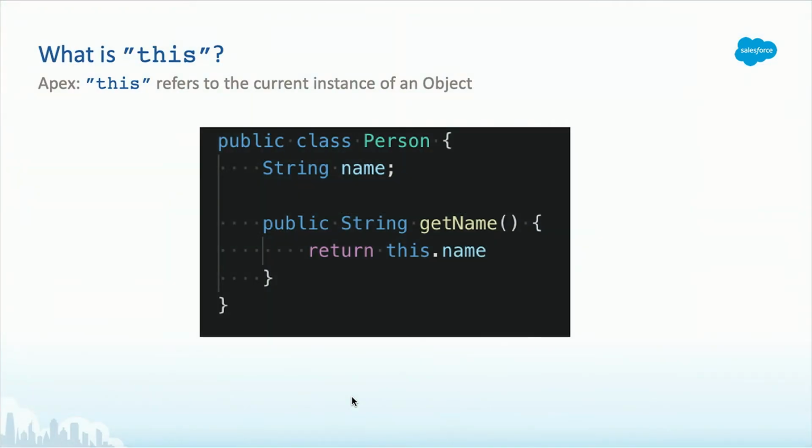The this keyword in Apex is nice and straightforward. It refers to the current instance of the object. If you use the this keyword in a similar fashion in JavaScript, you will inevitably run into many problems because of the changing nature of what the this keyword gets bound to, because again, it depends.